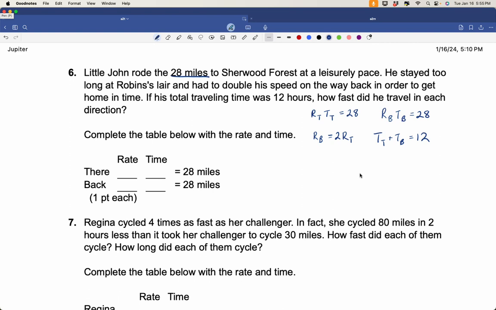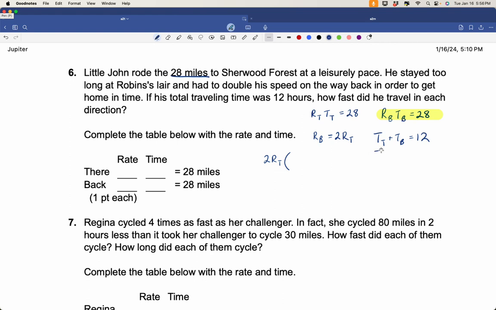All right. So I'm going to use RBTB equals 28. So RB is 2 times RT. And I'm going to multiply that times the value for TB. This is the one I'm using. Let me highlight that. Now, I have to create a substitution value for TB.